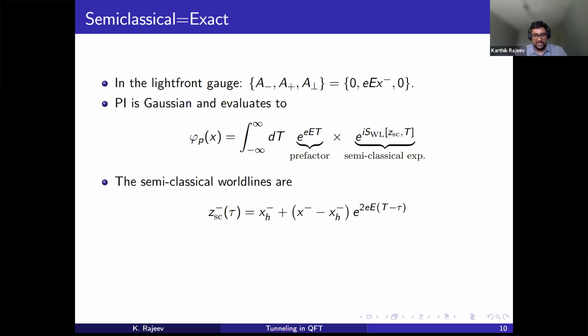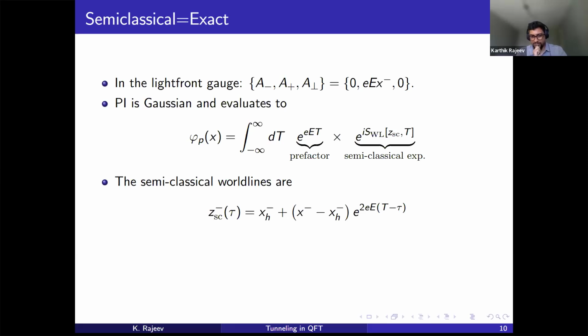But of course, this worldline action, one has to be very careful what it means. So the semi-classical action here is evaluated on the worldline solutions given below. Now, these are not really the solutions that I showed earlier.